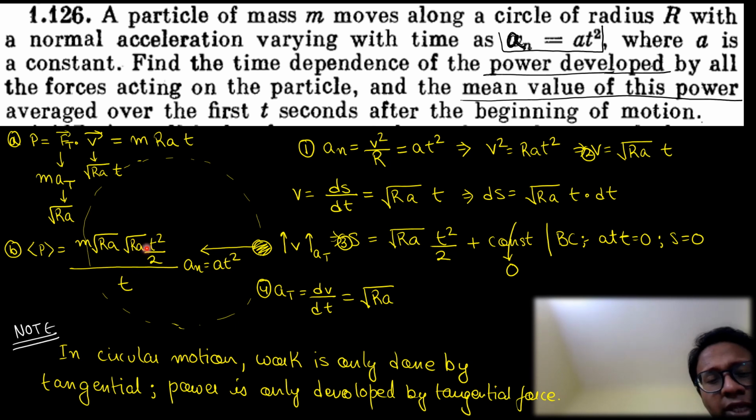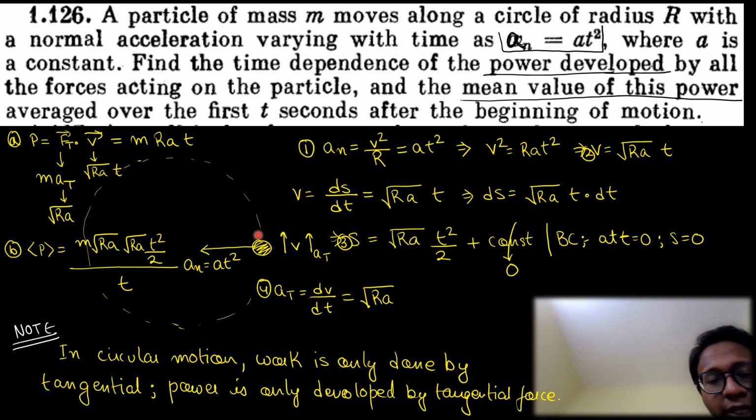Not displacement, here I'm using distance. Why? Because at every point the direction of tangential force will always be in the direction of tangential displacement. Even though the direction of displacement is changing, the direction of tangential force is also changing along with it.